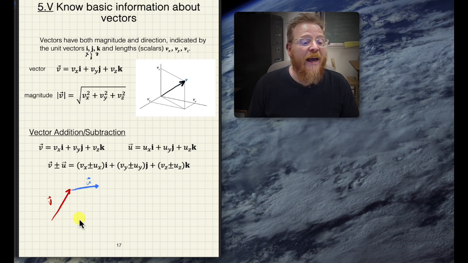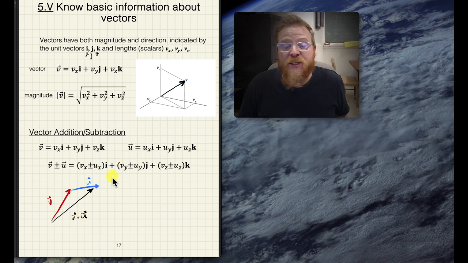So I can add or subtract those, and the result will look something like this in this case. Okay, right? So that would be my vector V plus vector U. And you can see in the addition or subtraction, we just do that operation on their scalars. So Vx plus or minus Ux, etc., and so forth.